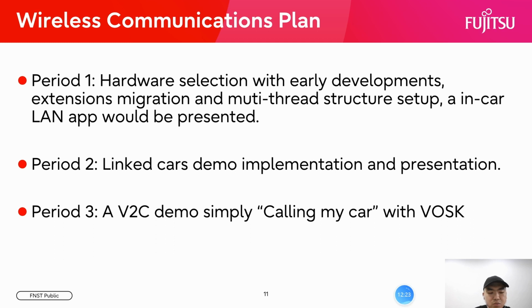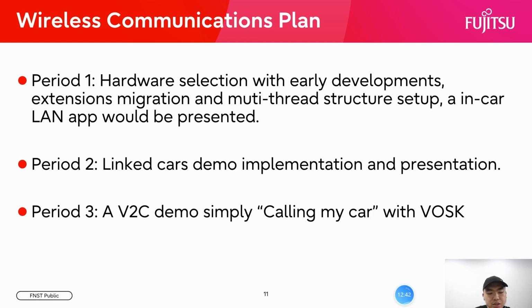The system would be controlled by a multi-thread program, written in C. At this stage, a local area network application will be presented as the result of development period 1.